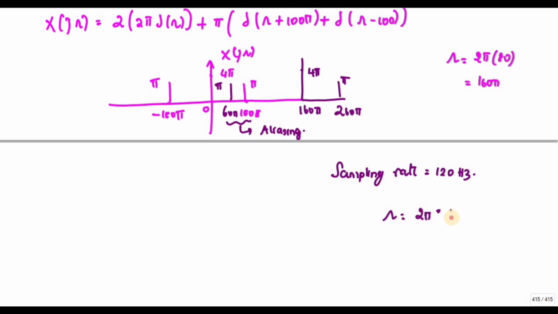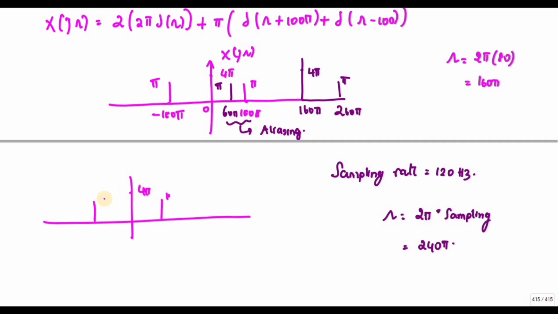Omega is 2 pi of the sampling rate, right? So that must be equal to 240 pi. So this is my initial signal, right?